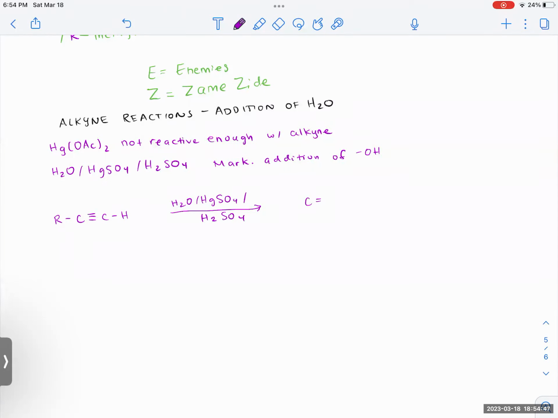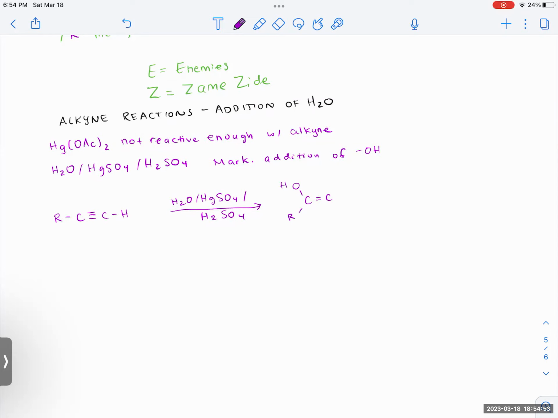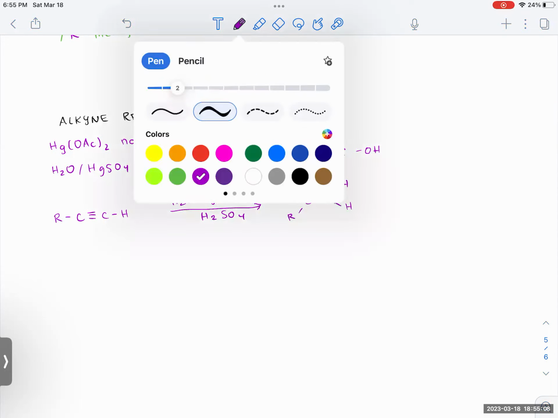Okay, so let's start with this. This is actually kind of highlighted in your notes. It's just good to know because I think it was also in the homework, a question to draw out the actual mechanism. So we're going to look at the actual mechanism of this.